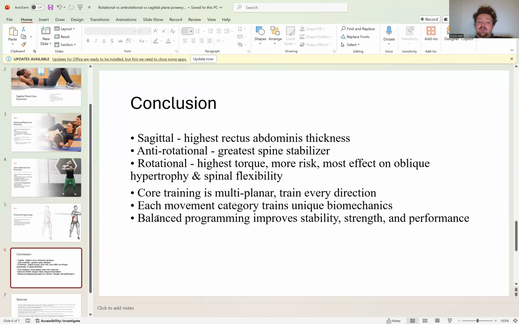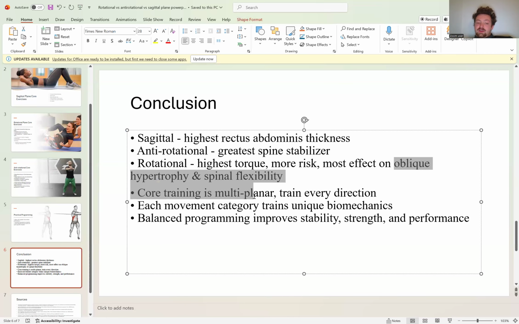So with the anti-rotational, the greatest spine stabilizer, as we said before, it is the greatest on the oblique hypertrophy, right? You'll want to get proficient at anti-rotational before you jump into rotational. Do the things that prevent injury before you even have the chance to do anything that can cause injury, right?